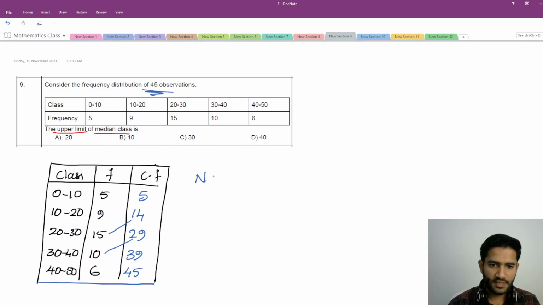Now here n is equal to 45. For finding the median class, we are finding n by 2, that is 45 by 2.